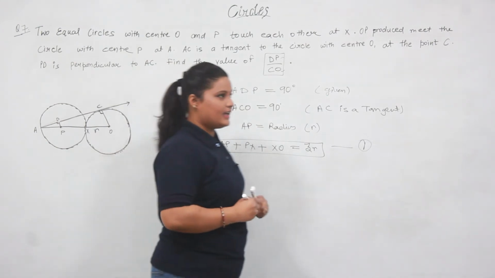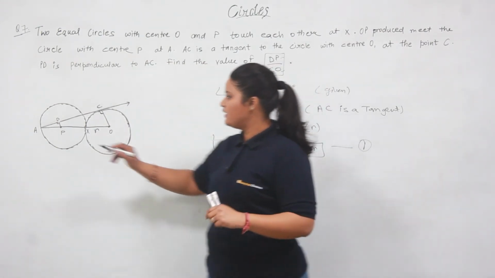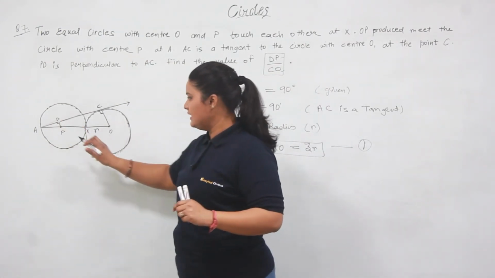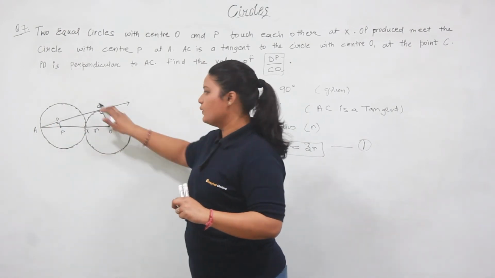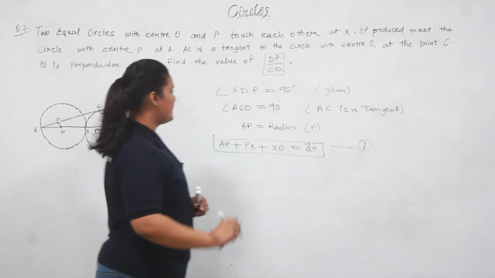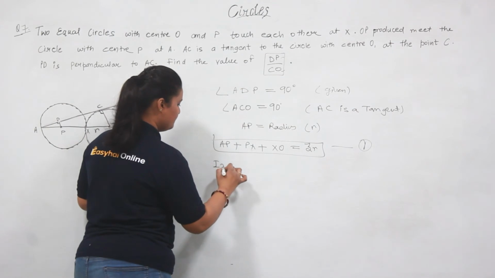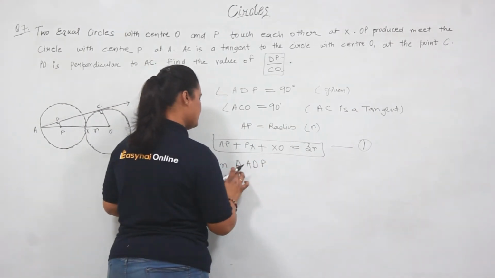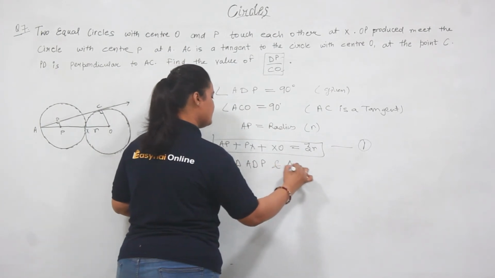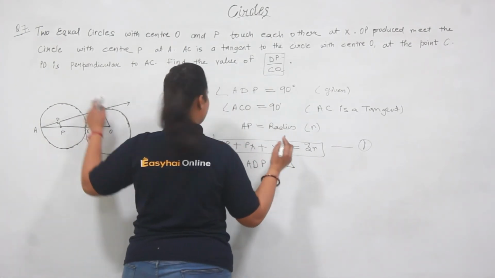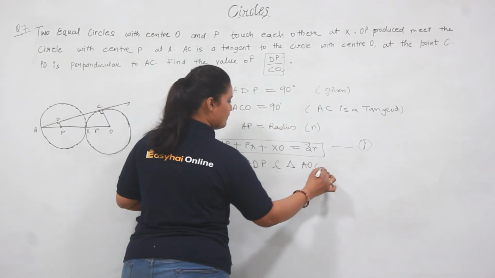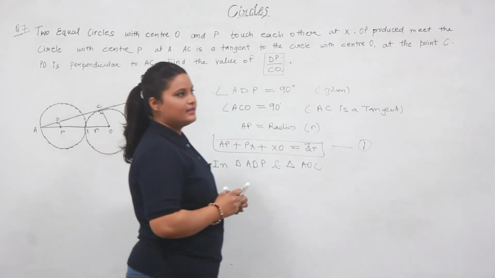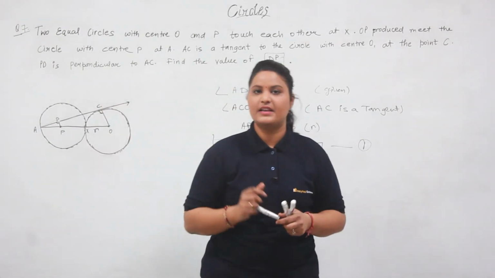Now I will take triangle APD and triangle AOC. Okay, kids, there is a concept of similarity.